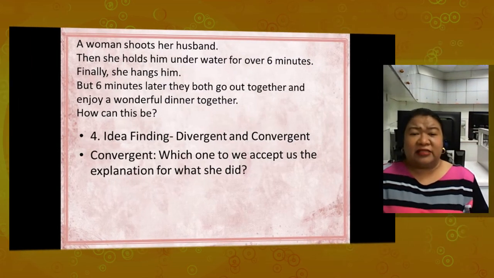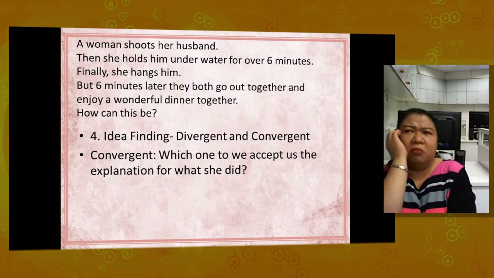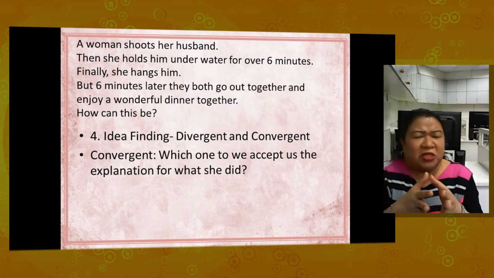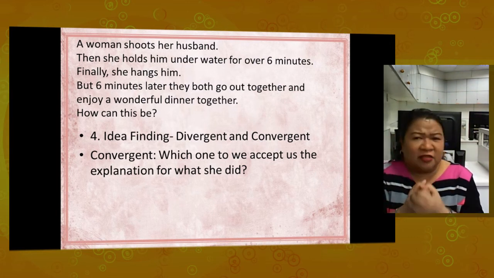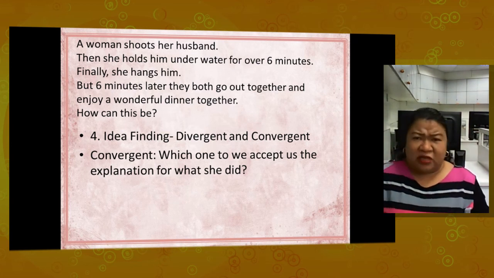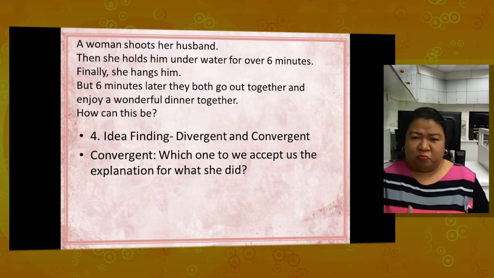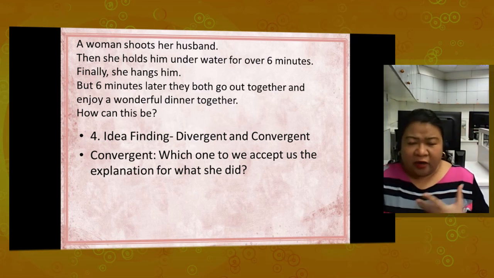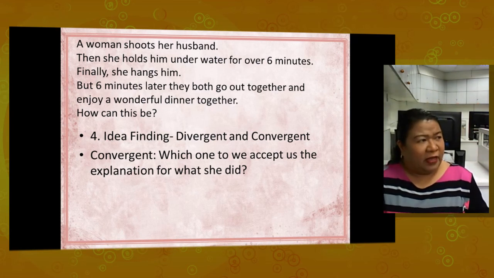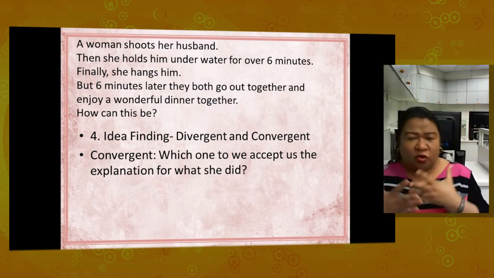Now, in step four, you do divergent thinking. So maybe the gun has blank bullets. Maybe did she use a gun? What kind of gun? Maybe the husband was wearing a bulletproof vest, or maybe he was too heavy to hang properly, so she wasn't successful there.